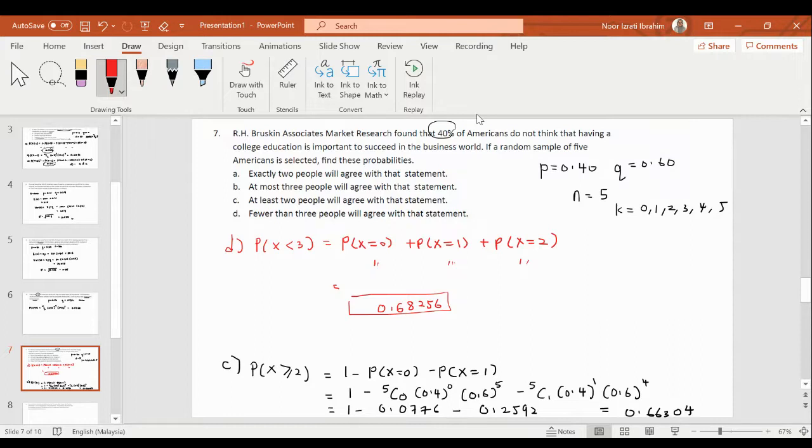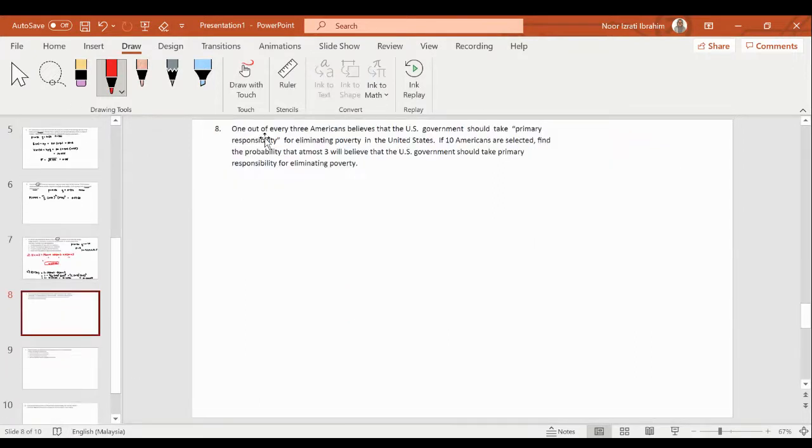That is for question 7. Question 8. 1 out of every 3 Americans believe that the US government should take primary responsibility for eliminating poverty in the US.